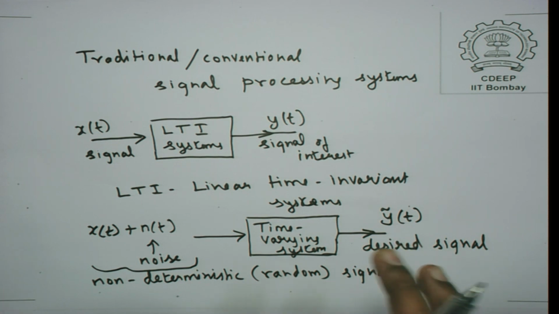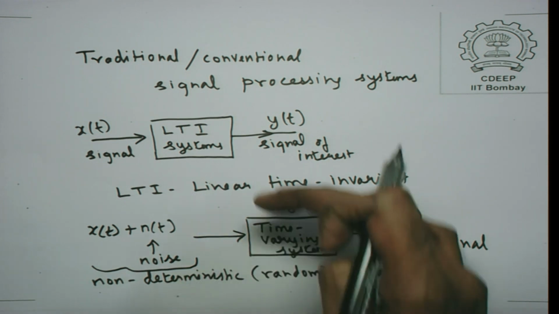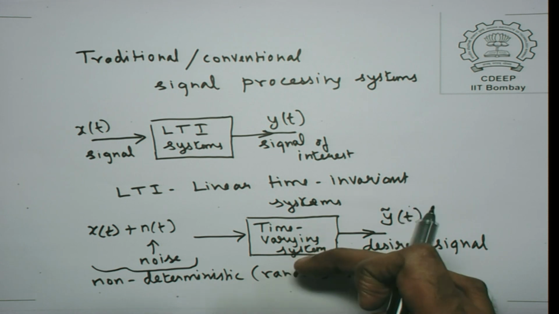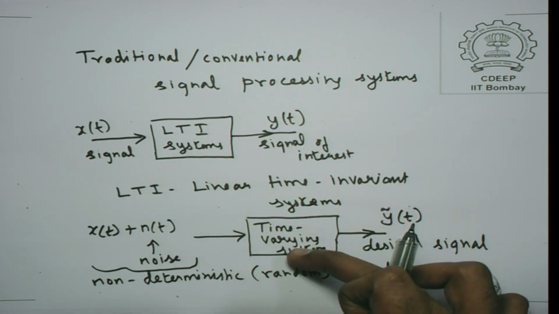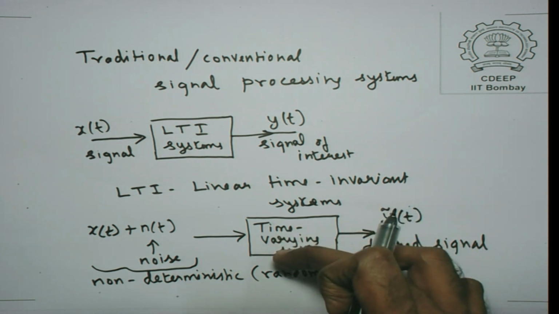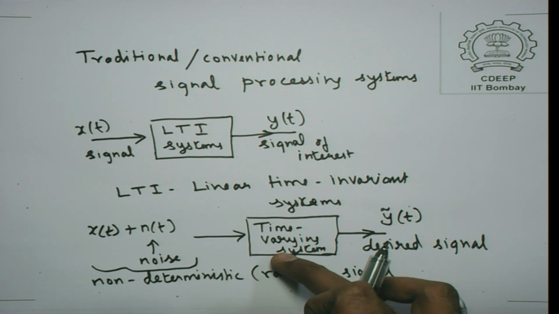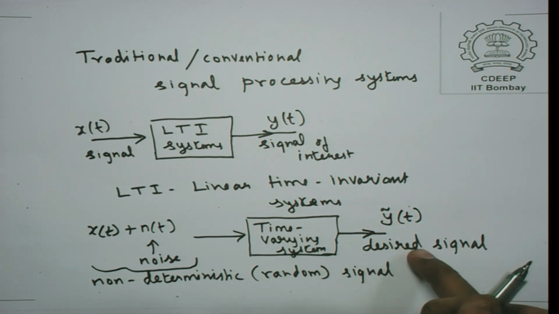So essentially this is the transition from deterministic signals to non-deterministic signals, and time invariant systems to time varying systems. At times these can still be linear time varying systems, or they can even be non-linear time varying systems, and our objective is to see how to handle and analyze such systems so that we can achieve the desired output in a real world application.